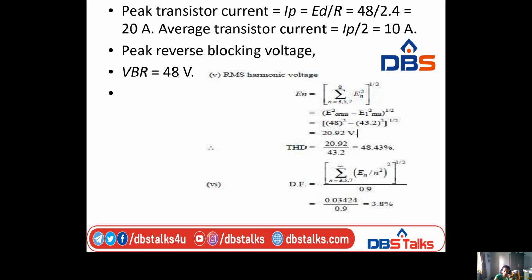So E0 RMS will be 48 and E1 RMS will be 43.2. Then we substitute these values and get En equal to 20.92 volts. Then total harmonic distortion equals 20.92 by 43.2, and we get 48.43 percent.